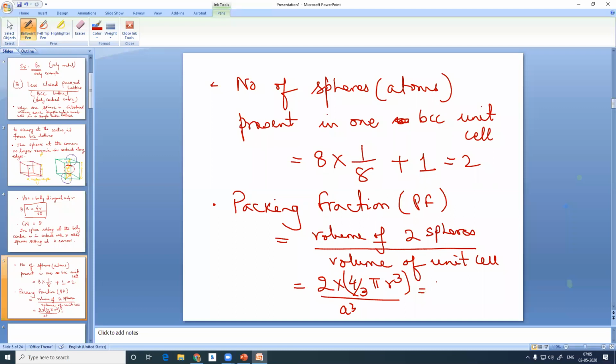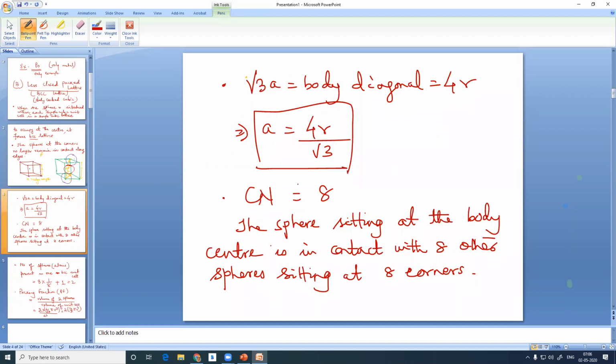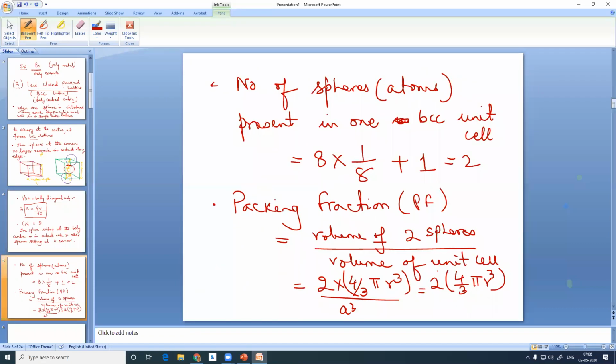We have already established the relationship to convert into r form, as a function of r. I would like to remind you that a is equal to 4r by √3. √3a is equal to 4r, or a is equal to 4r by √3. So if we substitute the value in place of a, it is 4r by √3 whole cube, then r cube will cancel out, and the ultimate result will be 0.68.